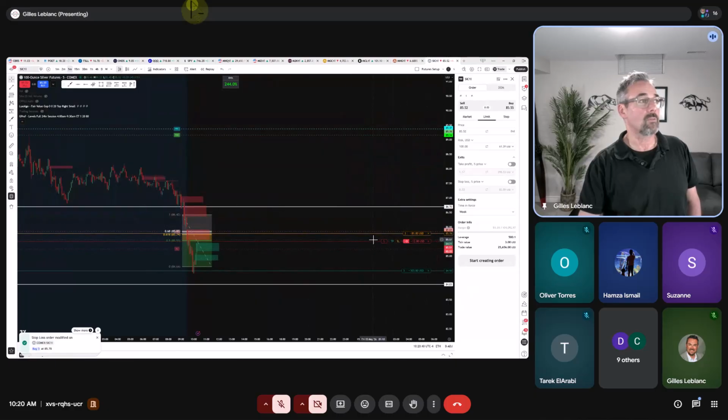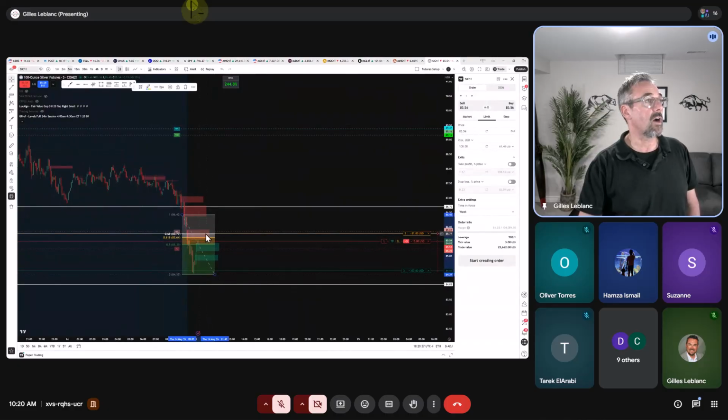I forgot about this. It's a paper trade, so the fact that I forgot it is okay, because it's just a demonstration, right? I should have been paying attention because my fibs are no longer at the right area. That's the fib there. The stop is now a little bit higher. It entered a little bit too high.